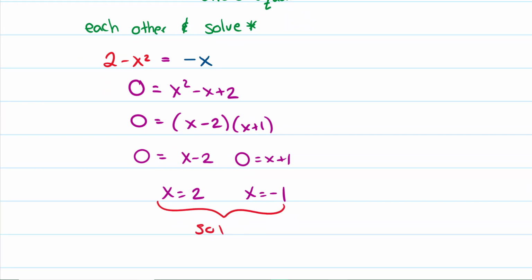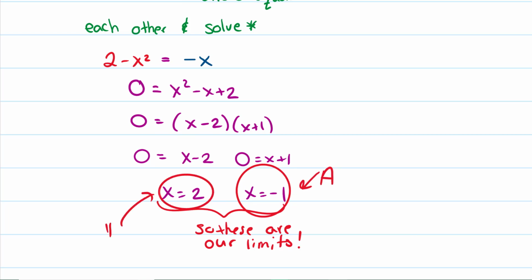And so these are our limits. Now the question is, which one's a and which one's b? Well, this one is going to be a, and this one here is going to be b. That's because when we read a graph, we read it from left to right.